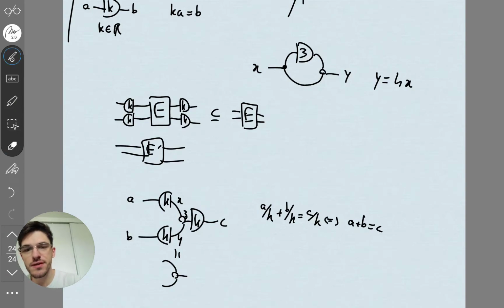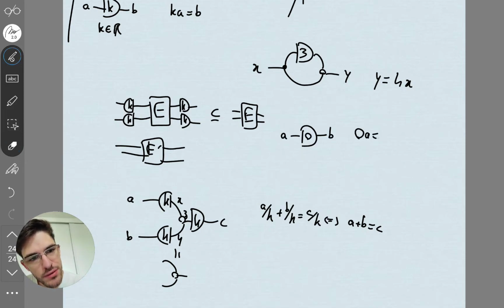And the zero case is also very interesting, the case when k equals 0, because what it means is that if I multiply all the things by 0, it's actually not scaling, it's collapsing everything into 0, right? If I pick k equals 0, notice that 0 multiplying by a, that's like 0a equals b.